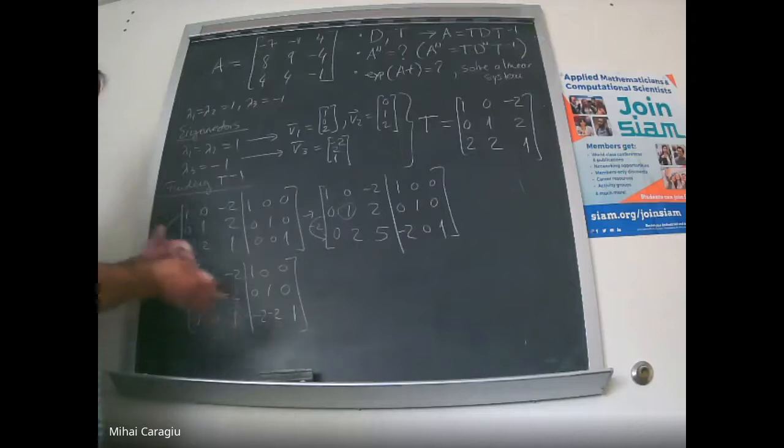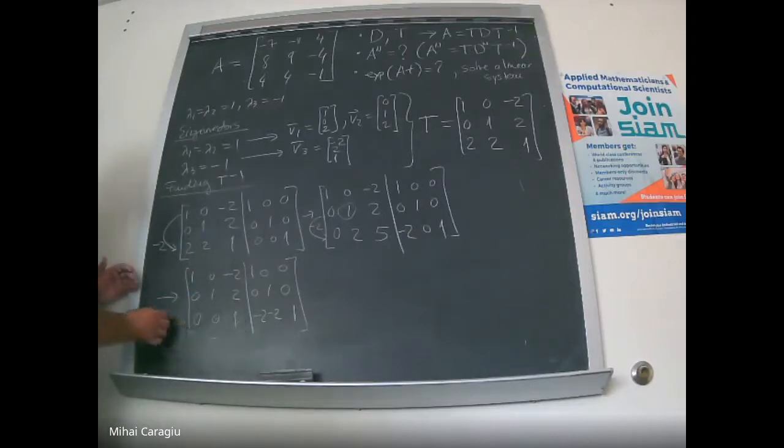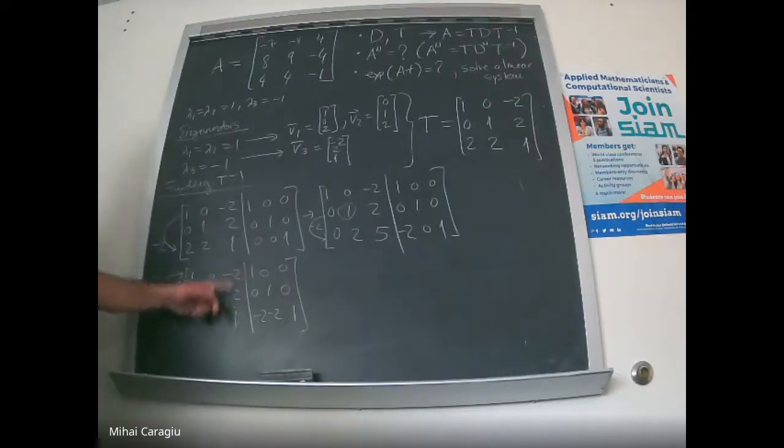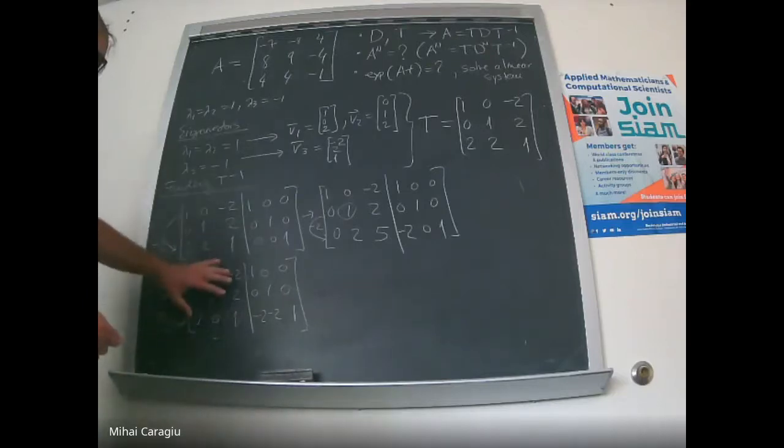Next, this will be the pivot, and now it's about time to create zeros above and move from right to left if necessary with those pivots. So let's multiply the third row by minus 2 in the second row, and the third row by 2 in the first row. If we do this, above this one we got zeros, so we managed to create the identity matrix on the left.